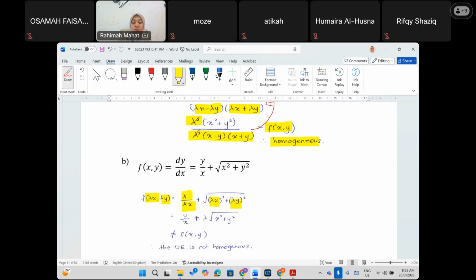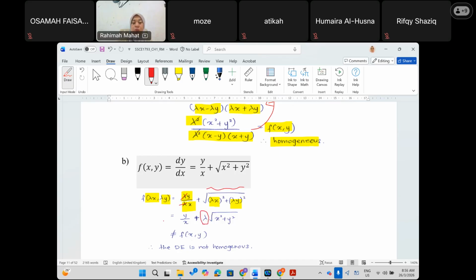For the first term, you can cancel the value because you have lambda and lambda. However, for the second term, you can take out the lambda, but you cannot eliminate the lambda here. So this equation still has the lambda.